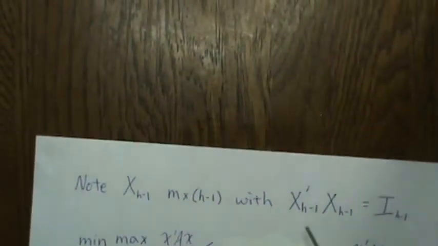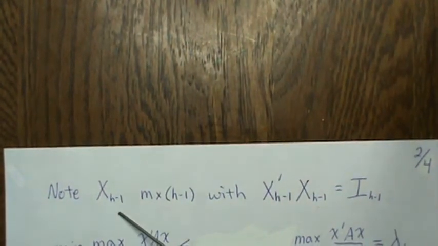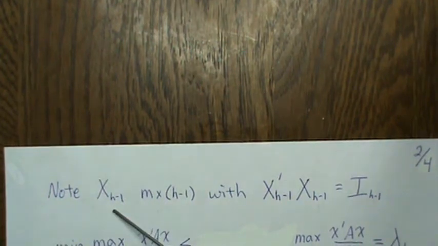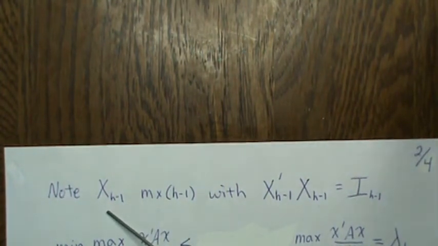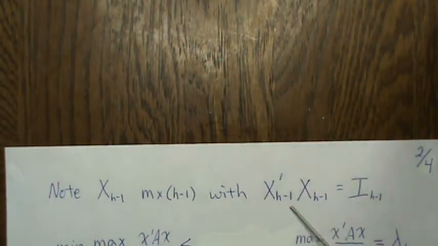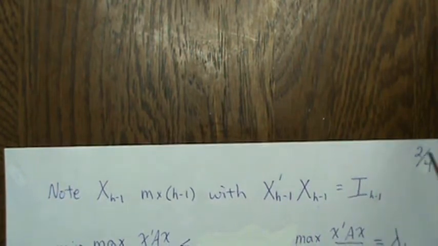So if we let X_{h-1} be a matrix of the first h minus 1 eigenvectors, it has these dimensions, and the eigenvectors are going to be orthonormal. So then this product is the identity matrix.